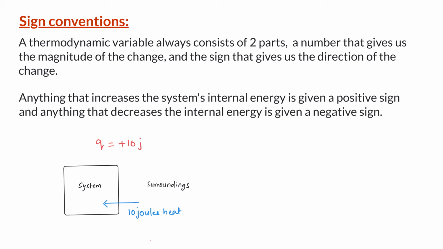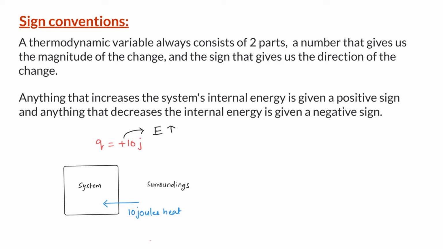The number 10 represents the magnitude of the heat transferred, and the positive sign represents that the heat flow is increasing the internal energy of the system, which means the heat is flowing into the system.